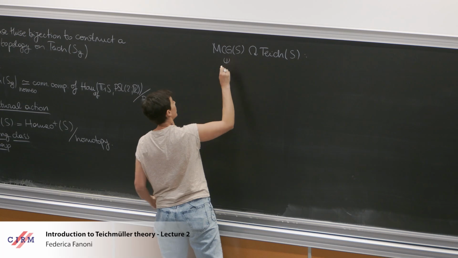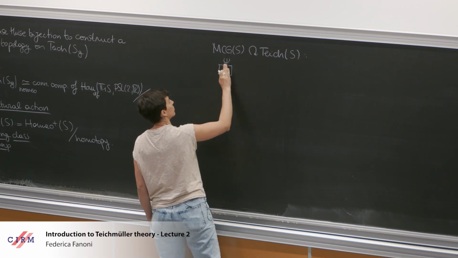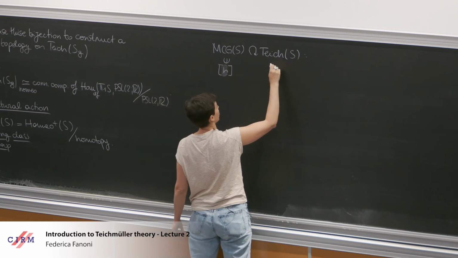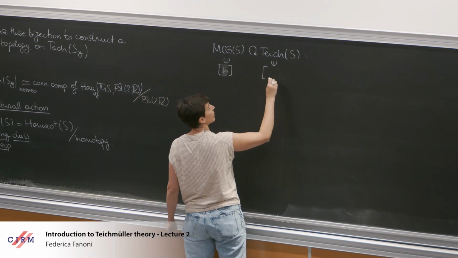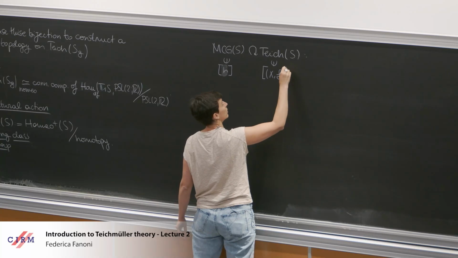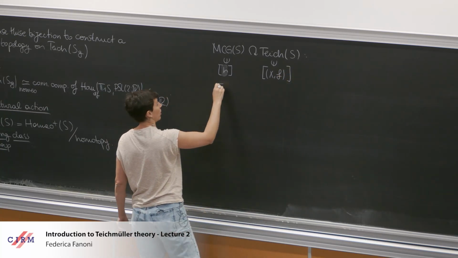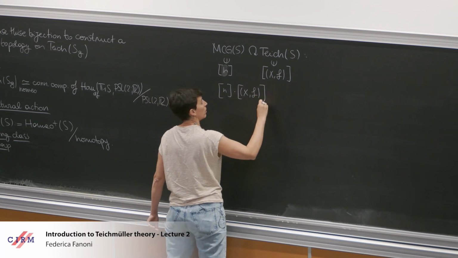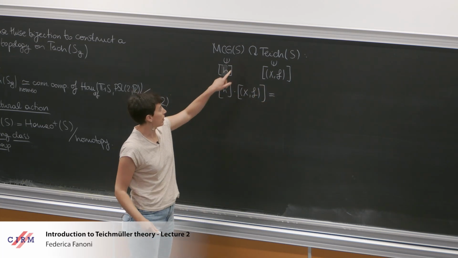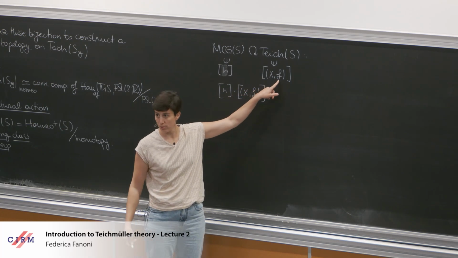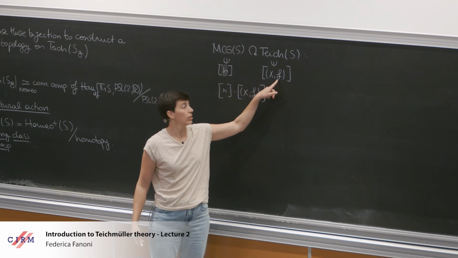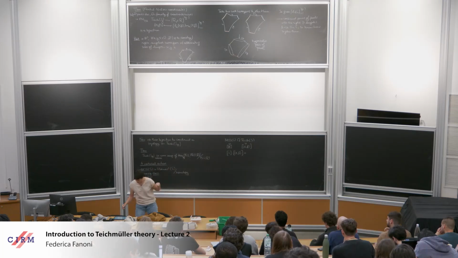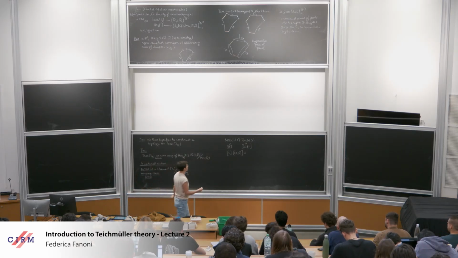So if I take the class of a homeomorphism h of the surface, and I take the class of a marking, which I remind you is a map from the surface S to X, I can pre-compose with h inverse.